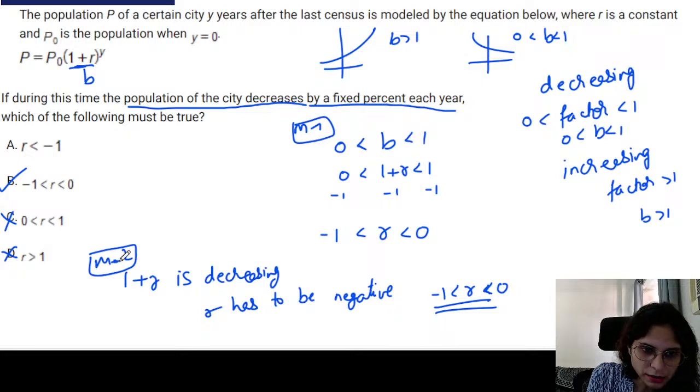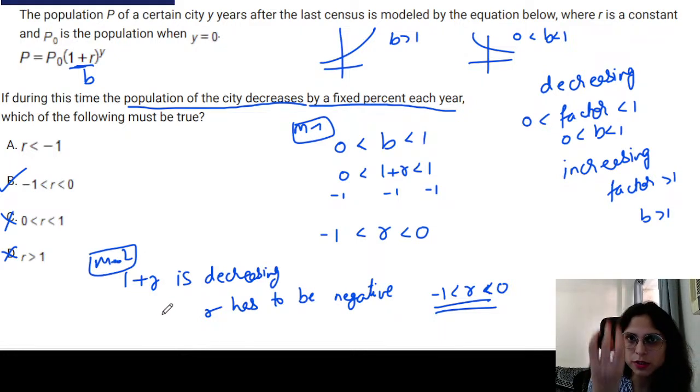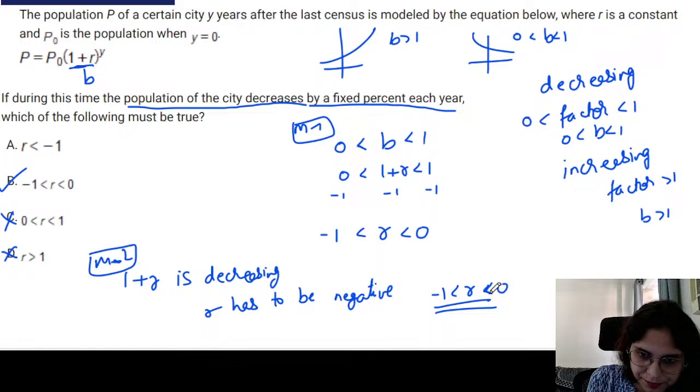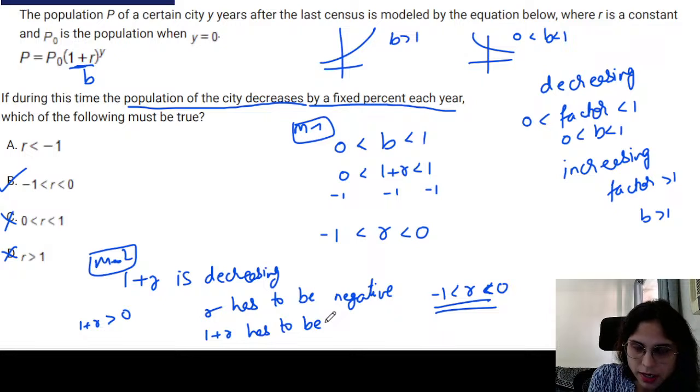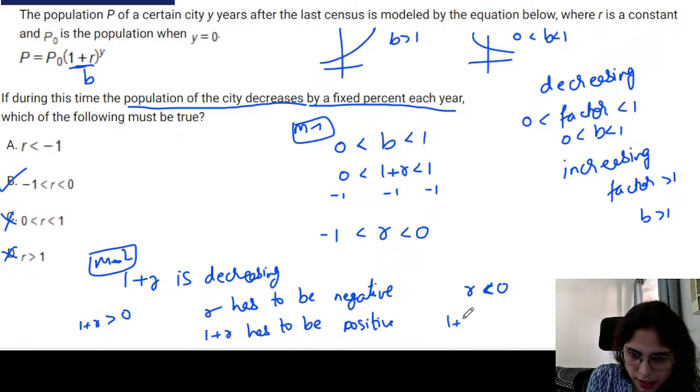If it is decreasing, r has to be negative, because you have to subtract something, right? And this entire 1 plus r has to be positive, because all your factors, whether they are decreasing or increasing, have to be positive. So r has to be negative, that means r has to be less than 0. 1 plus r has to be positive, that means 1 plus r has to be greater than 0, that means r has to be greater than -1.